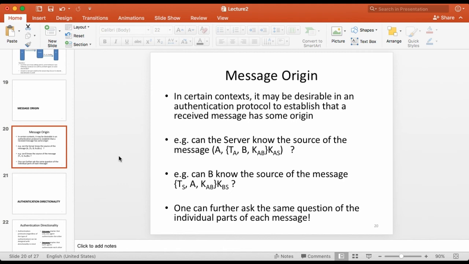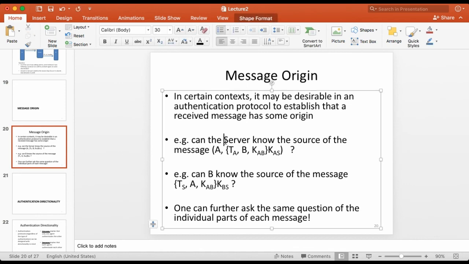So if we look at our previous example, the question would be, let's say, whether the server knew what the source of this first message was that it received. And the answer is yes, it does, because it knows that no one else could have encrypted that message other than Alice, because simply it's encrypted with the key KAS.